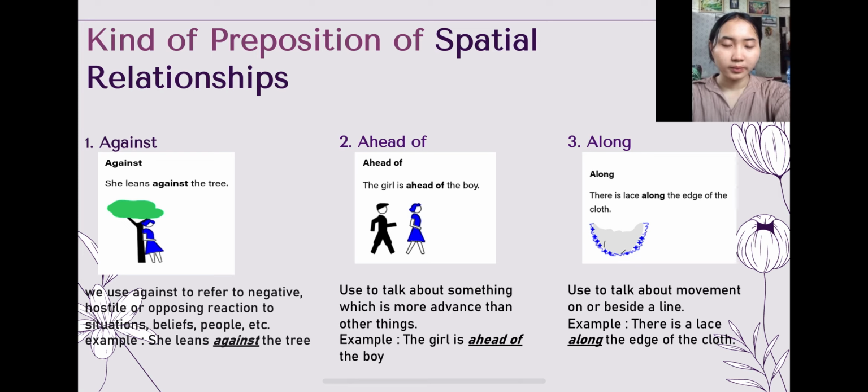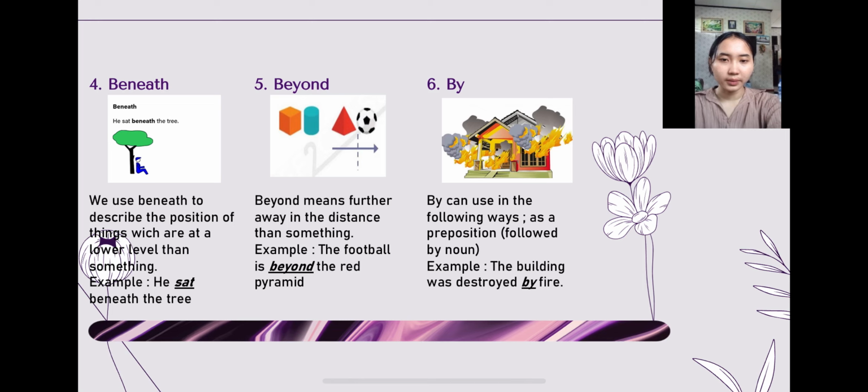Third is along. We use along to talk about movement on or beside a line. For example, there is a lace along the edge of the cloth. Fourth is beneath. We use beneath to describe the position of things which are at a lower level than something.